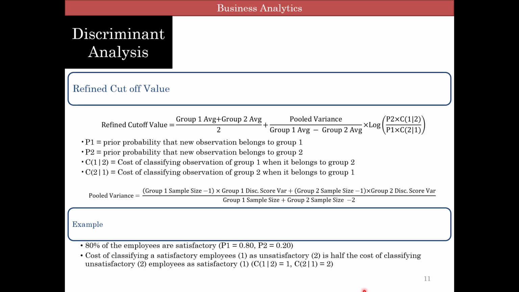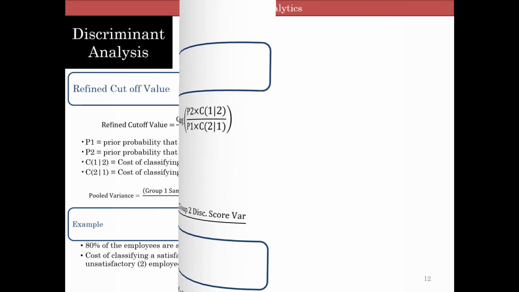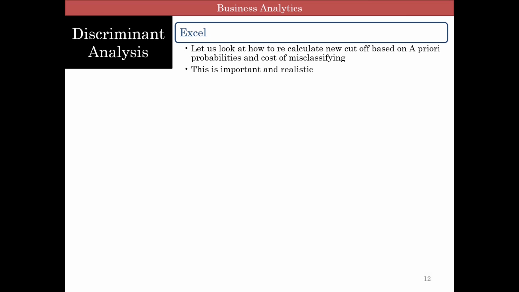Okay, so let's now move to Excel, and let's look at how we can recalculate the new cutoff based on these priorities and the cost of misclassifying. So this would be important and realistic rather than treating them together and as equal.